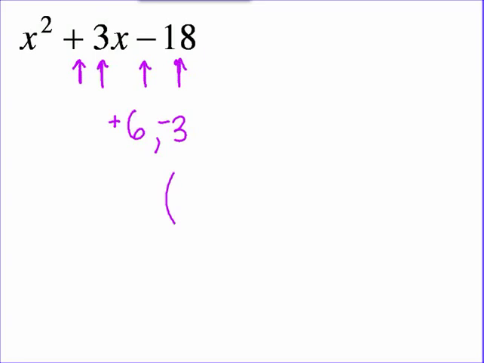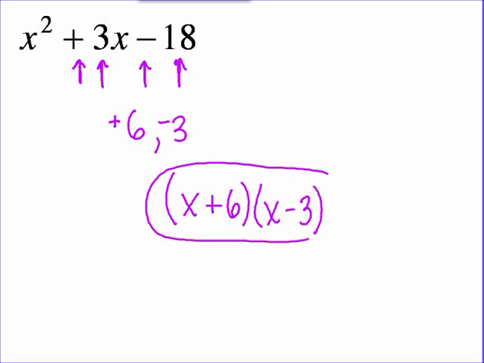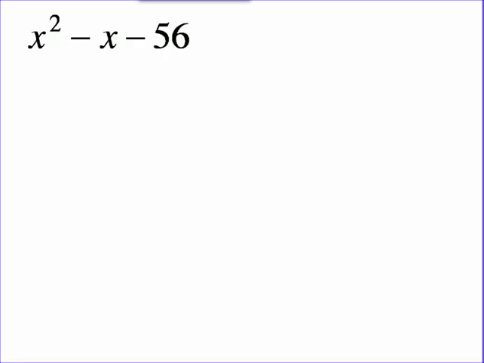Good. So this will factor to be x plus 6 times x minus 3. Think you got the hang of that? Do you want to look at any more? I've got one more on that one, or do you think you can handle it? Okay. Real quick, what number is here since there's not a number in front of x? 1. So this would be differ by 1.